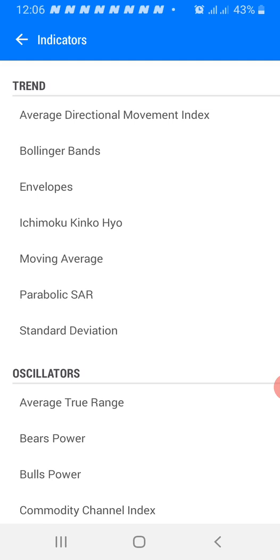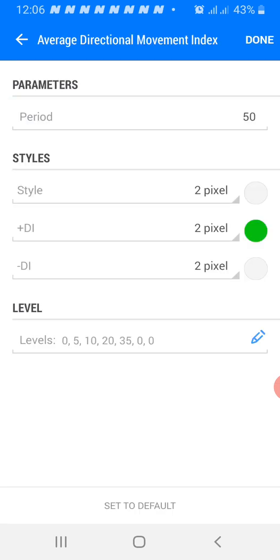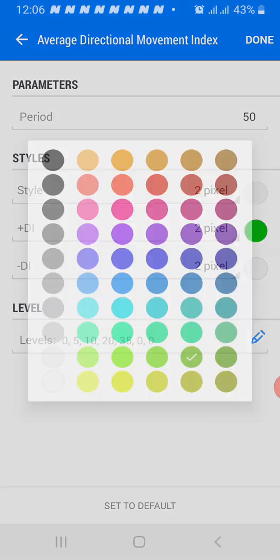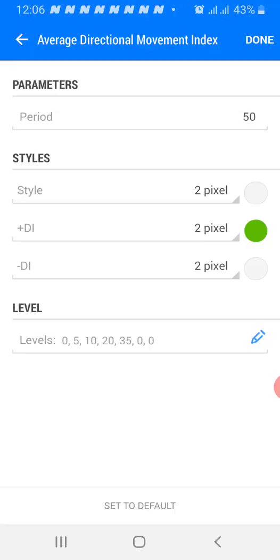The first indicator we'll be adding is the average directional movement index. The period is 50. The style is 2 pixel. The plus DI is also 2 pixel, and you choose the color of your choice, but I'm using green.